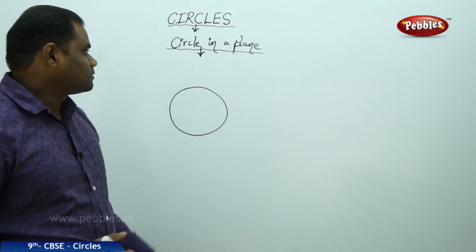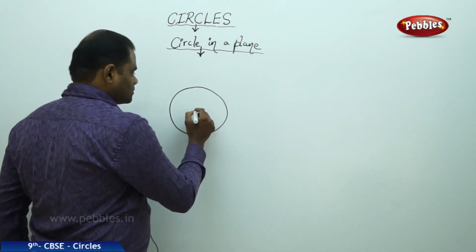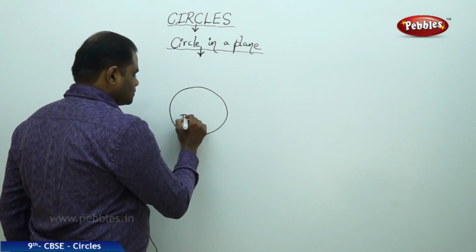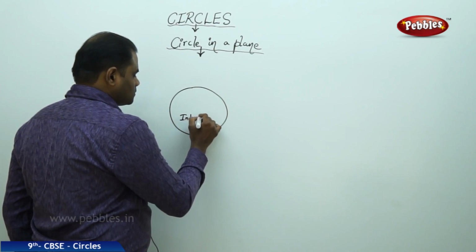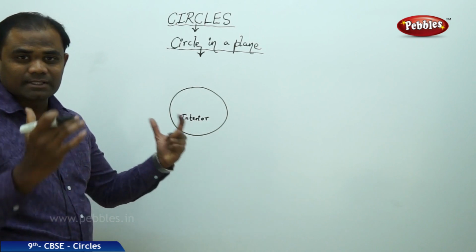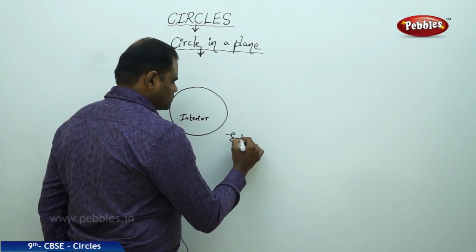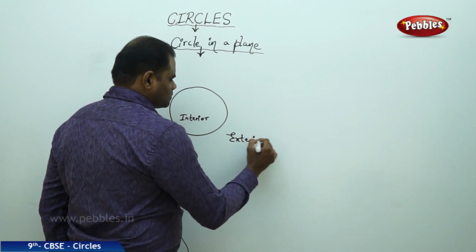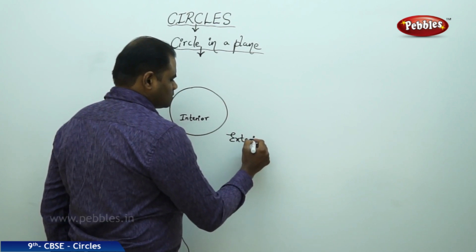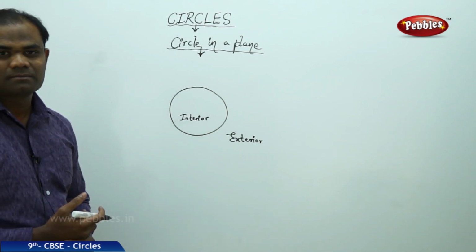So a planar region with a circle makes it with two regions. One is which is called interior region because it is inside the circle, and this which is called exterior region because it is outside the circle.